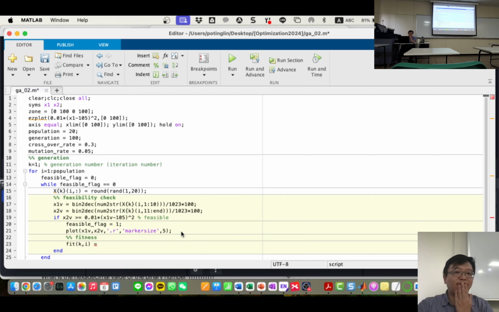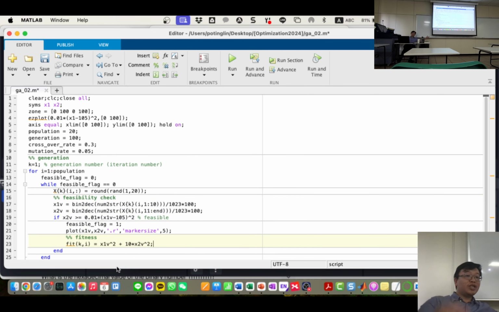For my fitness, I just need to plug in my objective function, which will be x1 squared plus 10 times x2 value squared. So I'm using this as my fitness. I know the smaller the better.